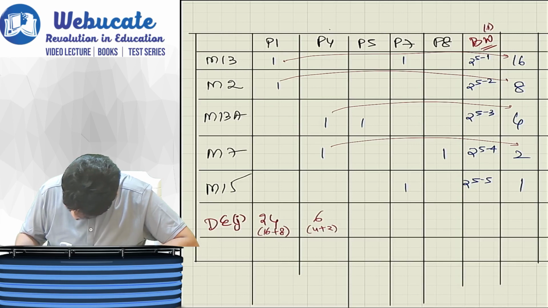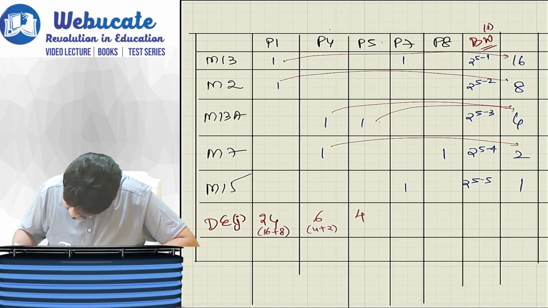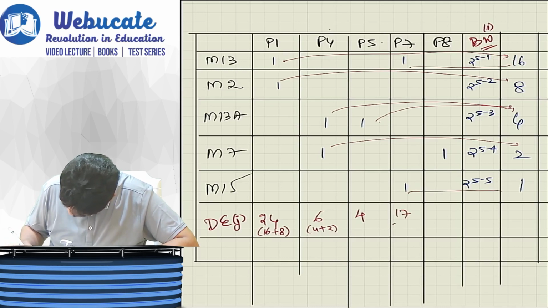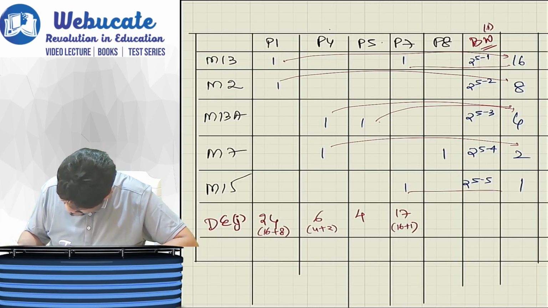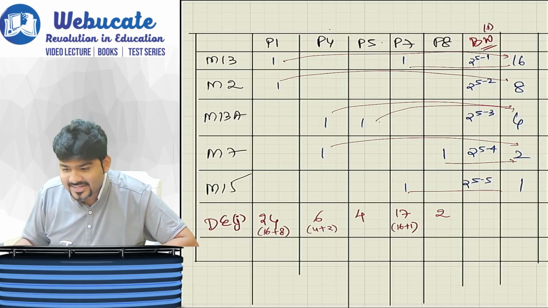Then P5 will be 4. Then P7 is 16 and 1, which is 17. Then P8 is 2.